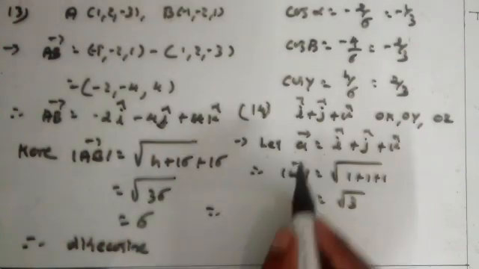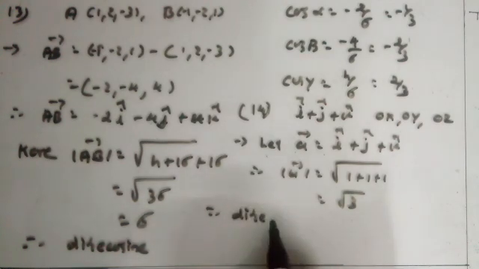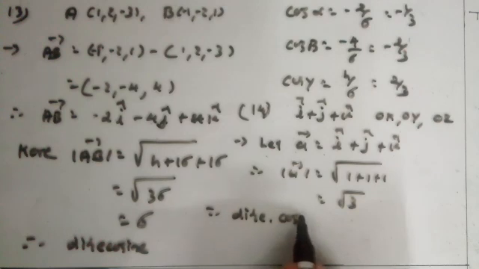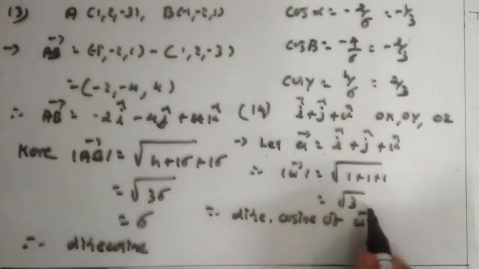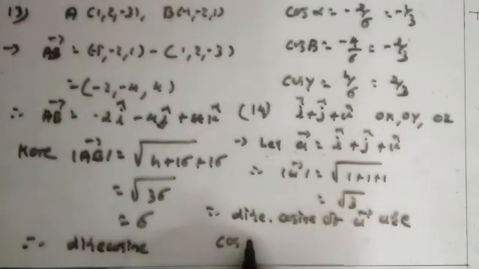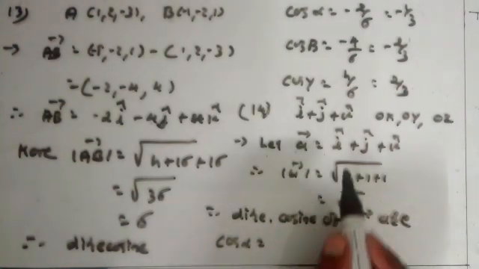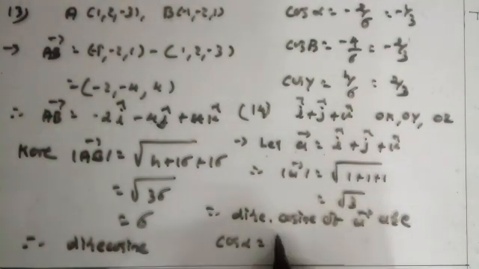Therefore the direction cosines of a are: cos alpha is equal to the first component upon mod of a, that is 1 upon root 3.